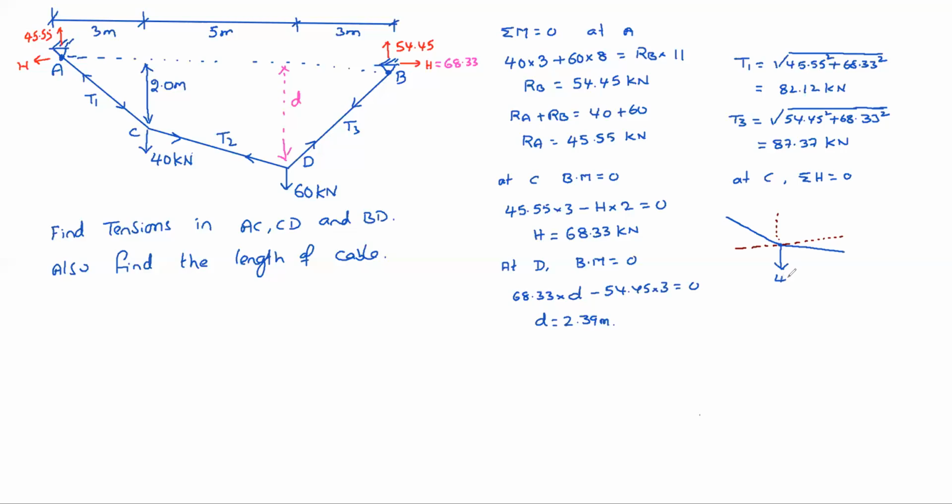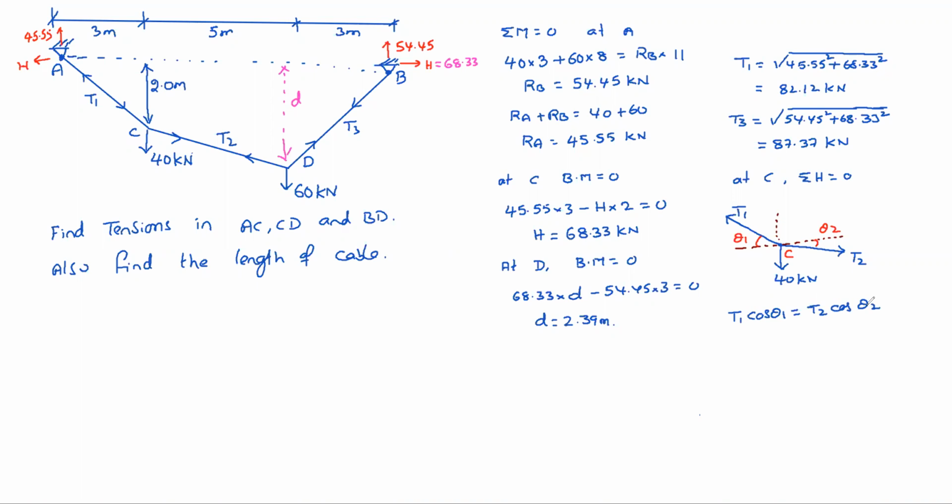It is 40 kilonewtons. This is T1. This is T2. Let us assume the angles theta 1 and theta 2. At joint C, the balance is T1 cos theta 1 equal to T2 cos theta 2. We know already T1.